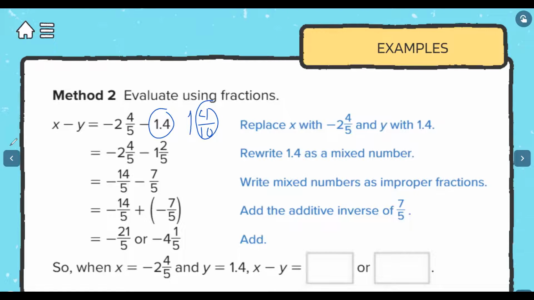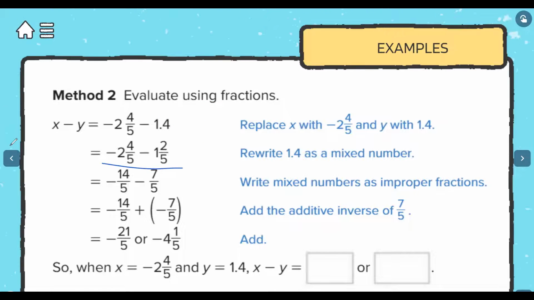Okay? So I have my fractions. I need to convert them into improper fractions, which I did. 5 times 2 is 10, plus 4 is 14/5. And 5 times 1 is 5, plus 2 is 7. So 7/5. Both of them are negative.